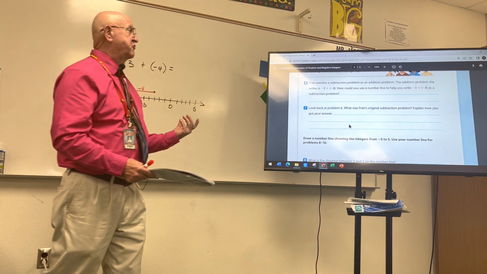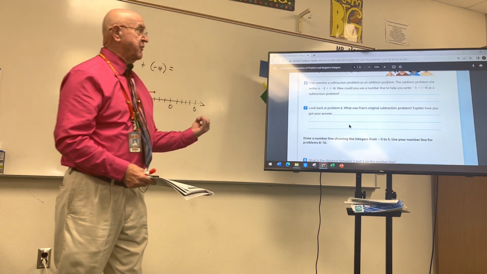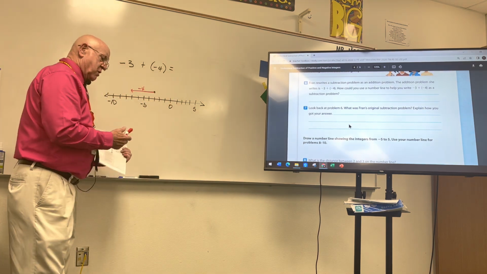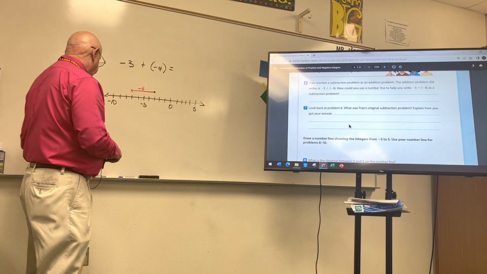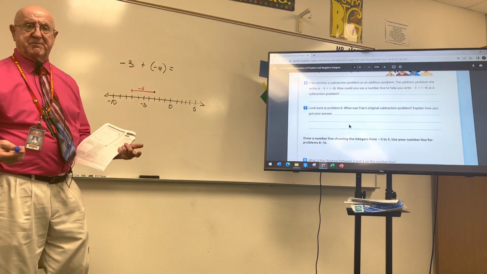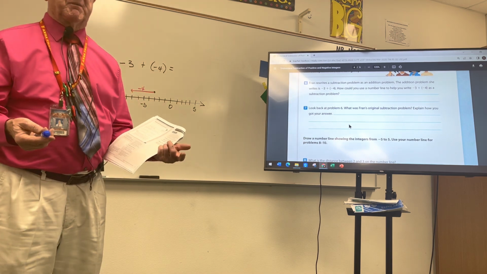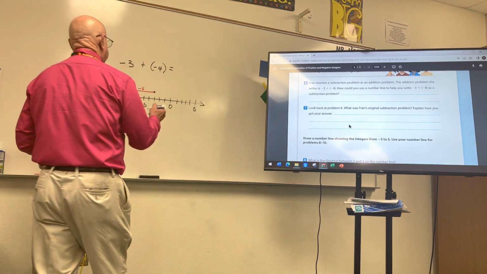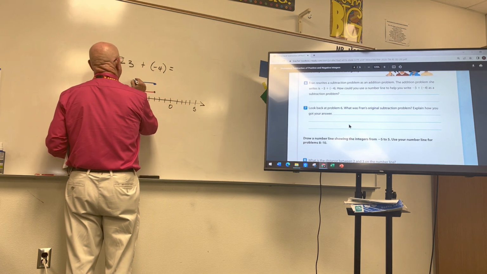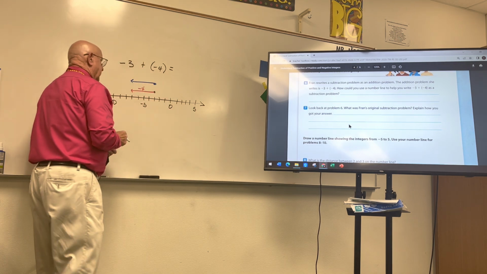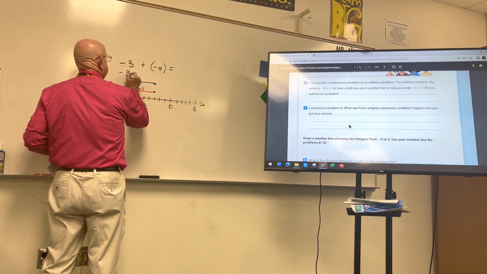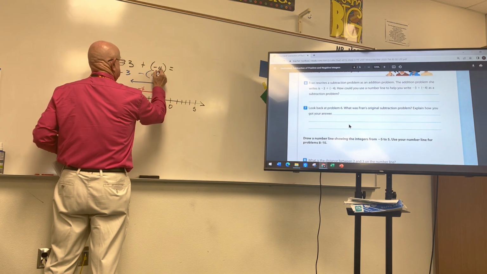So how can I use the number line to help you write -3 plus -4 as a subtraction problem? Well, I know that these operations are inverses. So the graphs should look the same, right? So all I gotta do is come up here and put a dot here, draw my arrow over to here, and then if I'm subtracting, I just change it to -3 minus 4.